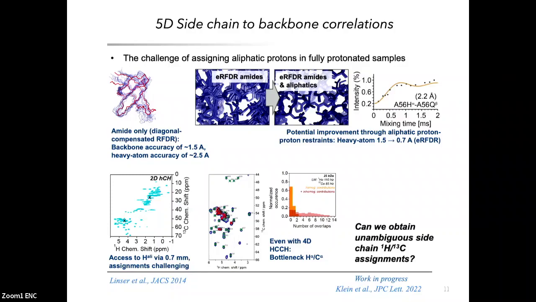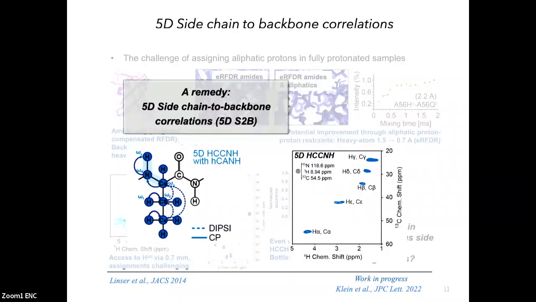So is there any possibility of getting this done more effectively? And yes, there is the 5D sidechain to backbone experiment where we have the H and the C chemical shifts as kind of a TOCSY plane that we disperse into H, N, and C alpha chemical shifts in the third, fourth, and fifth dimension.